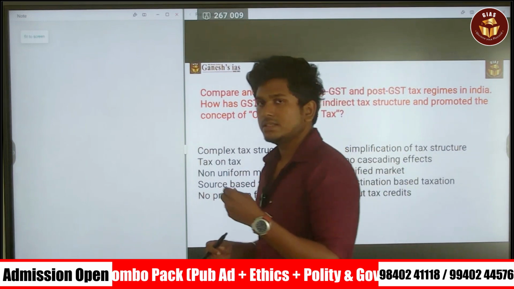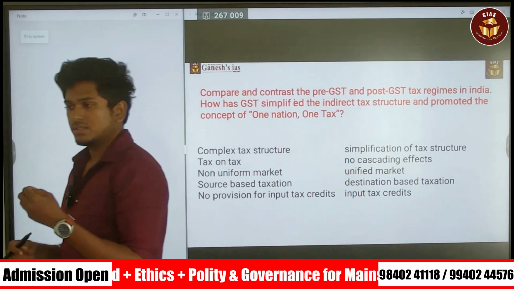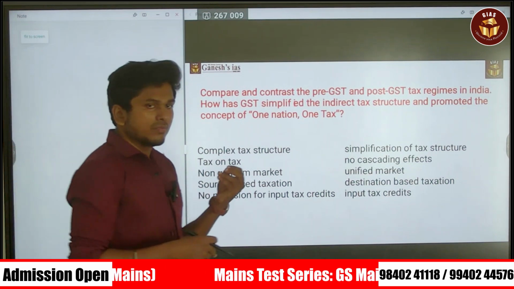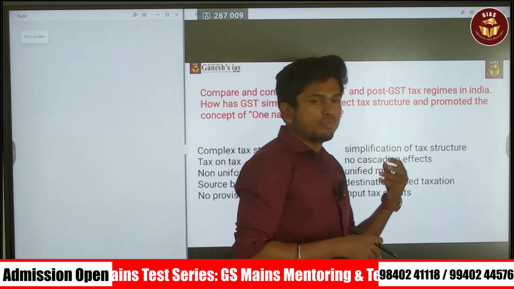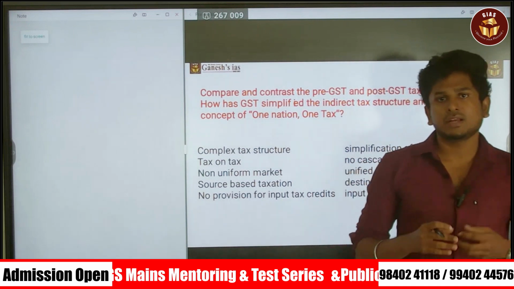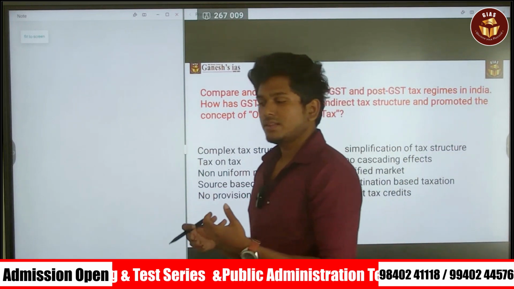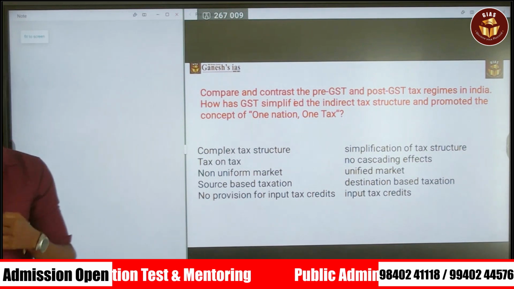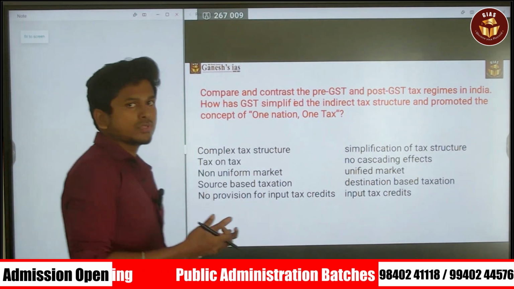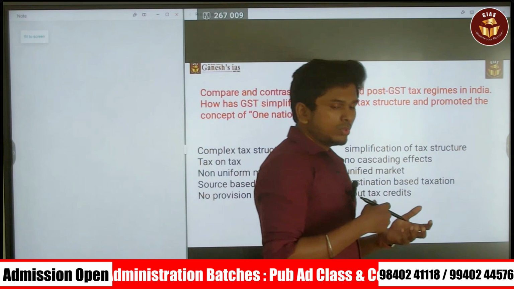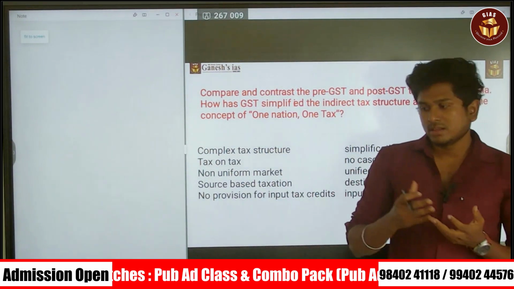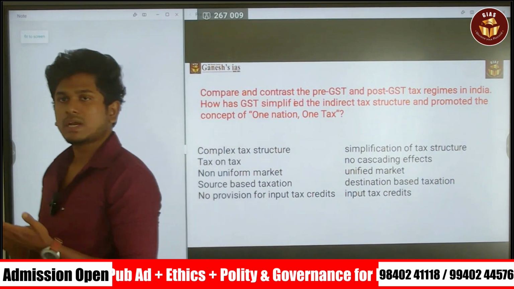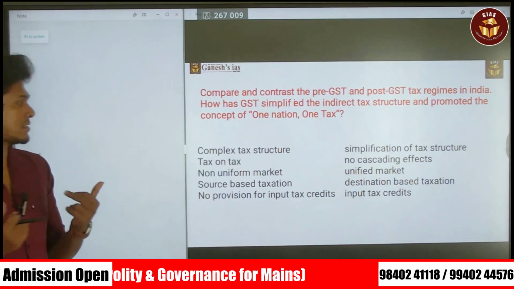That is called destination-based tax, which means it is a win-win situation. The consumer state will get certain revenue. With that revenue they can create infrastructure, pull investors or companies into their state, and they also become producers. So it created the unified market, and it also overcame the major issues. That is called destination-based tax.